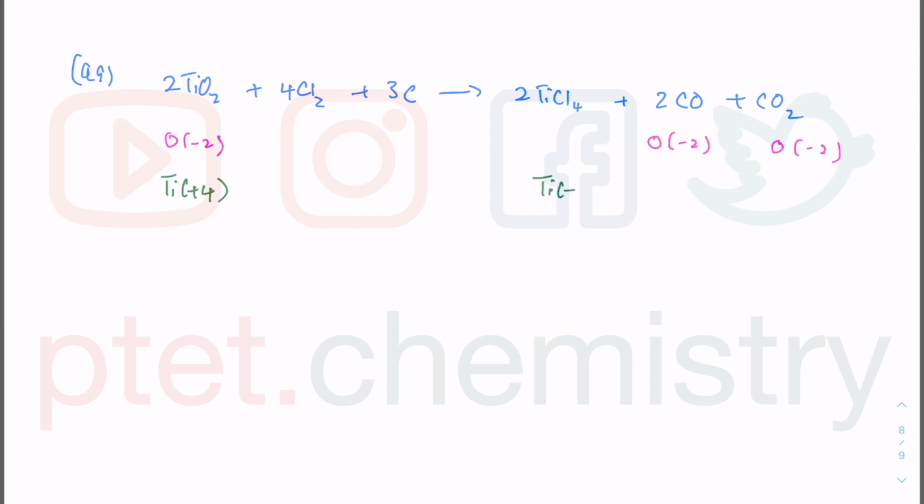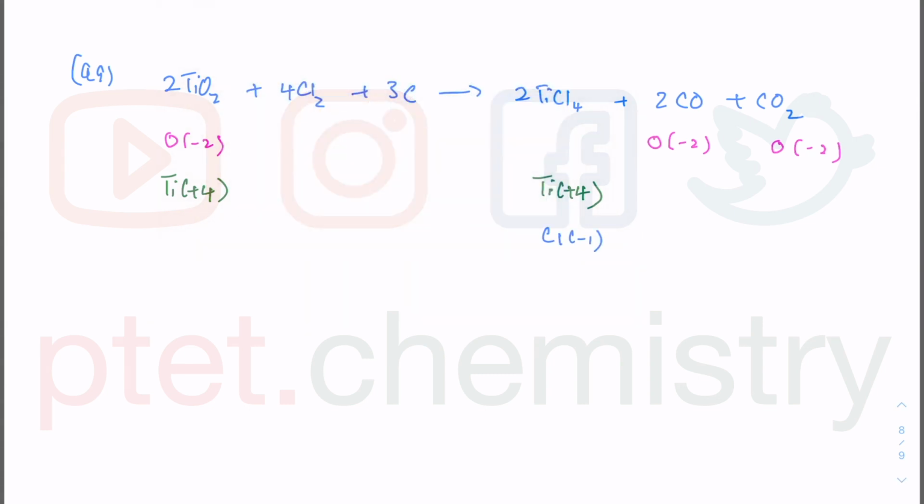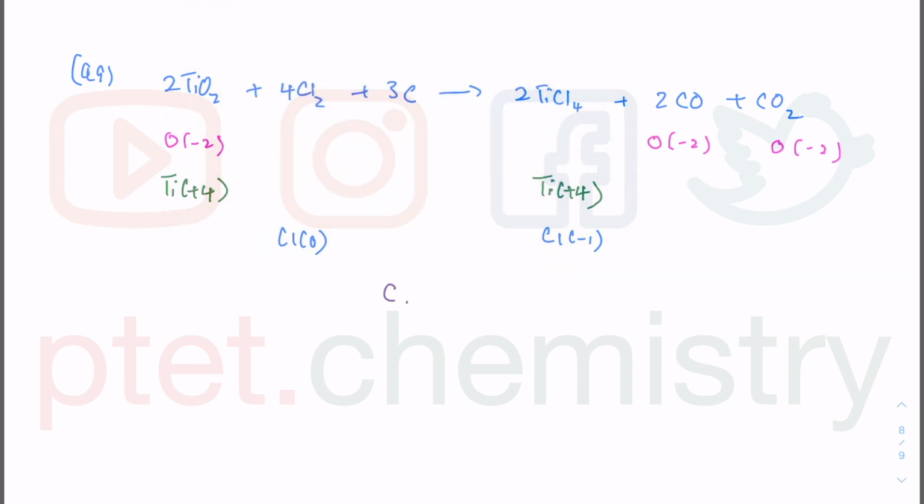This is titanium +4 because you can imagine that the chlorine is chlorine -1. The chlorine there is chlorine 0 because this is an element chlorine. It's chlorine bonded to titanium, has -1 oxidation state. The carbon there is carbon 0 because this is carbon element.